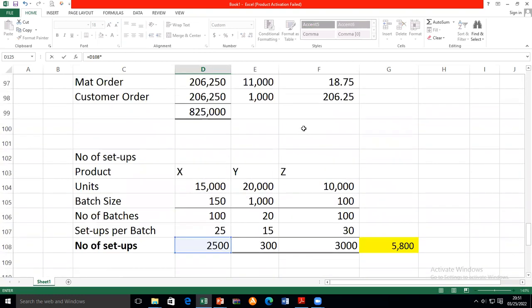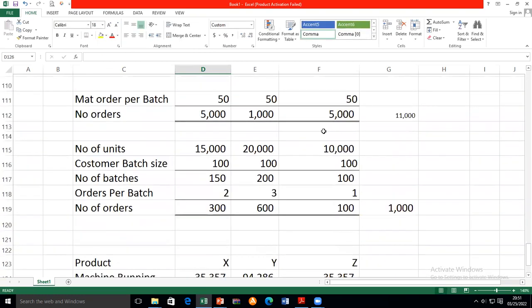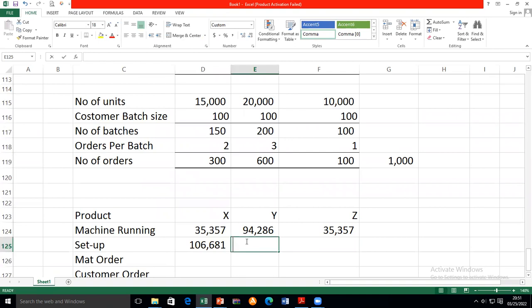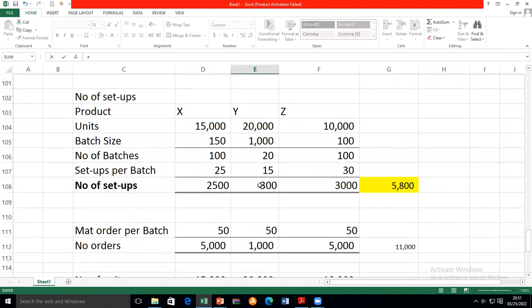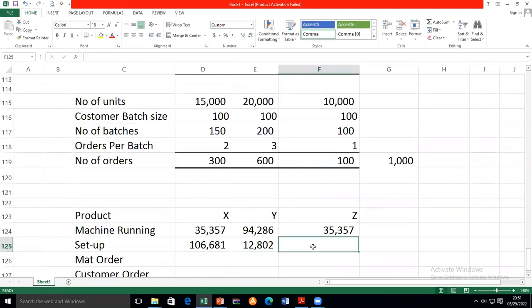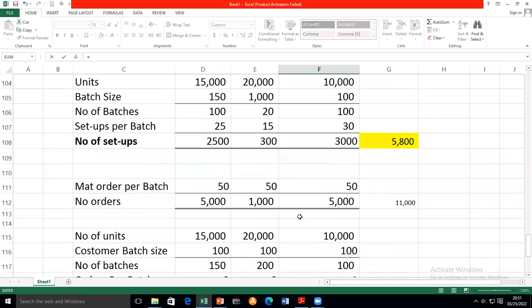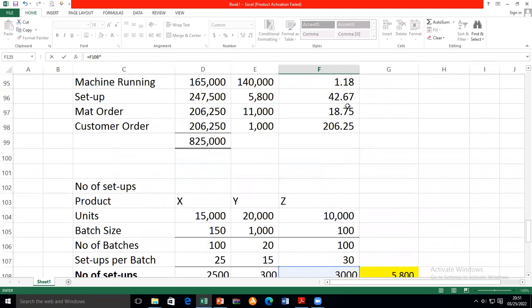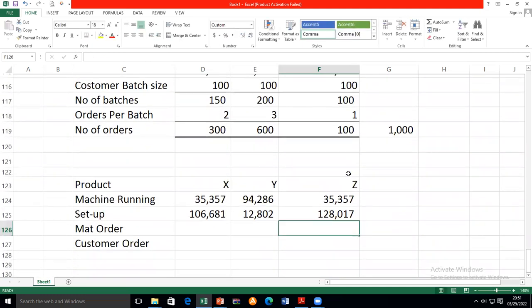Then you multiply by what? The cost is that one. You come here again, you say, how many setups? 300. Multiply by the cost per each setup, that one. The last one again, how many setups do you have here? That number of setups, multiplied by the cost per setup, that one. There we are.